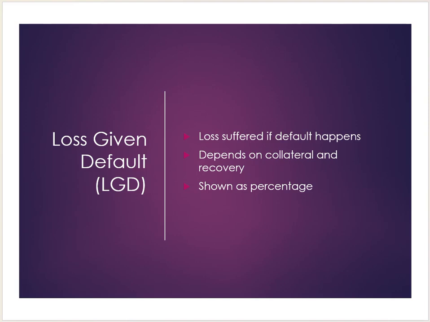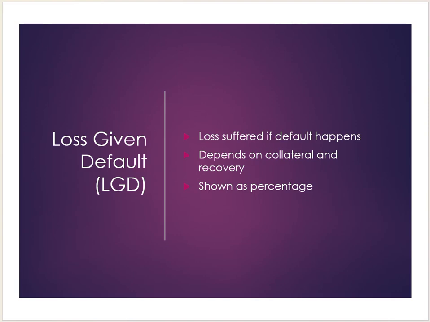That is where the bank calculates loss given default, and it is shown as a percentage of the loss. If the loss given default is very high, then the bank will suffer a very high loss on default. If the loss given default is very low, then if the borrower defaults, the bank will lose a very small amount.